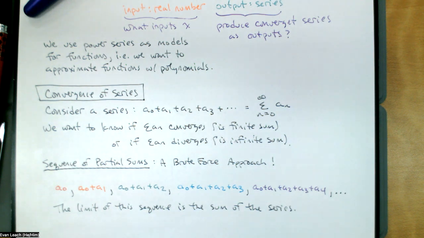If the sequence converges, then the series converges, and the limit of the sequence will be the sum of the series. So notice that the way we build the sequence of partial sums is we just take the previous term and add the next term to it.